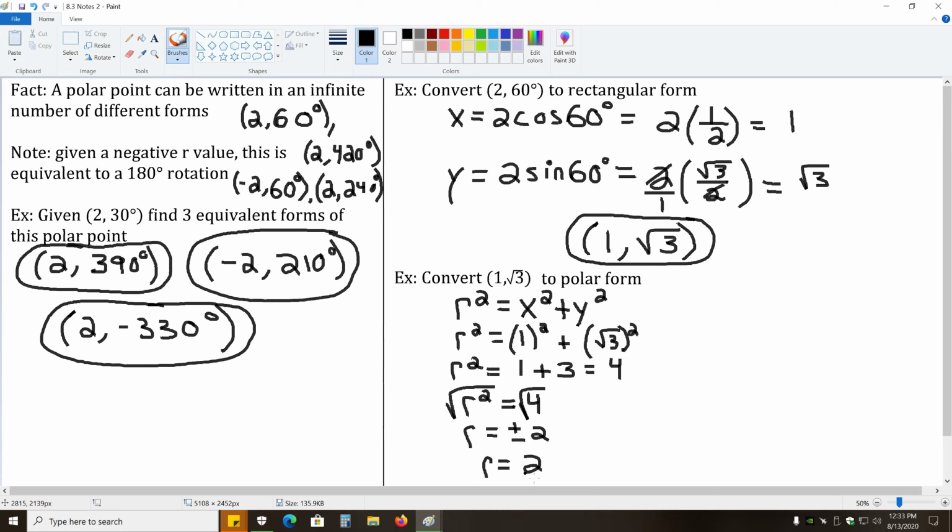So now that we have the r value, let's find theta. And remember, theta we find with tangent theta equals y divided by x, which means tangent theta equals the square root of 3 over 1, which is just the square root of 3.